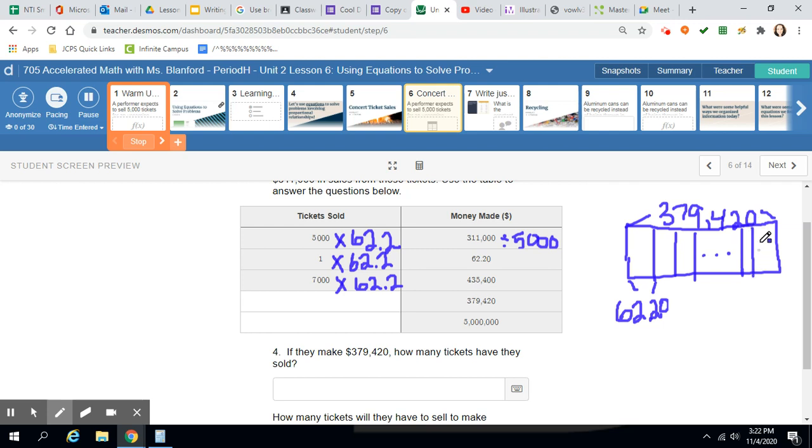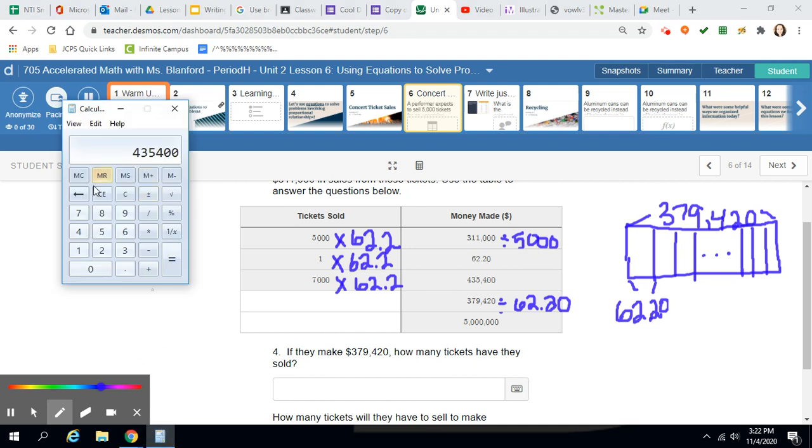So really, we're trying to figure out how many, and again, I can't draw all of them, but how many of those tickets could we evenly divide this by, right? So how many boxes would we have? So I know, well, look, if I take that and I divide it by the cost of the ticket, I'm going to be able to see how many tickets make up 379,420.